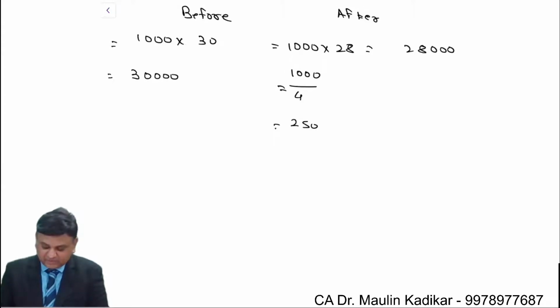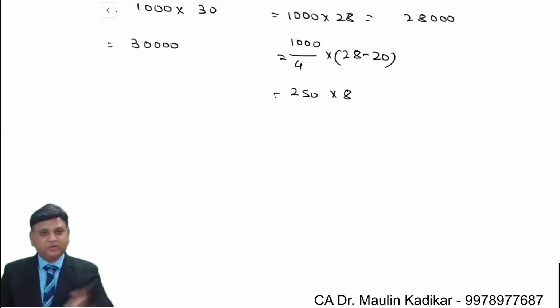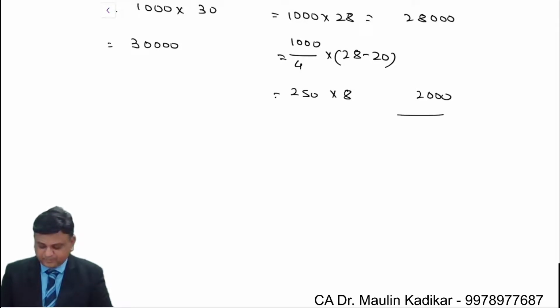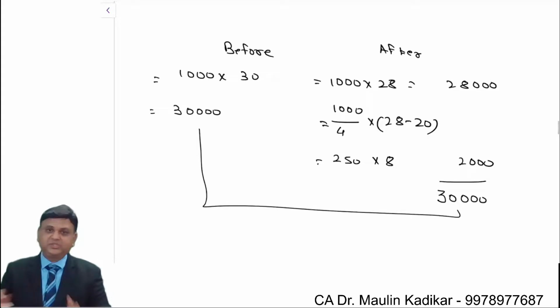So what is the amount of the advantage you are going to get? 28 minus 20, you will get an advantage of 8 rupees per share. So 250 shares into 8 rupees per share, you will get an advantage of 2000. So earlier your wealth was 30,000 and yet your wealth is going to remain the same 30,000. It is not going to change. That is what we understand.